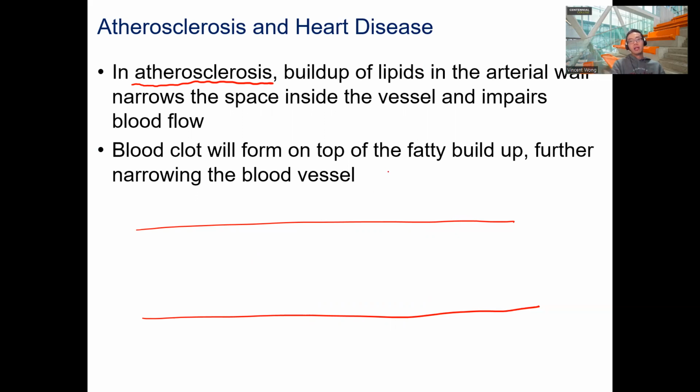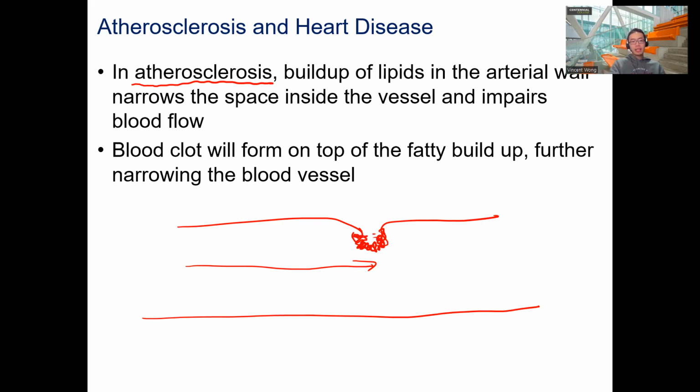For example, if a thumbtack goes through your blood vessel, it's damaged and there's rough exposed tissue. When the blood goes through it, it will stick to it and form a clot and eventually help you heal. That's a normal healing mechanism, and that's okay.